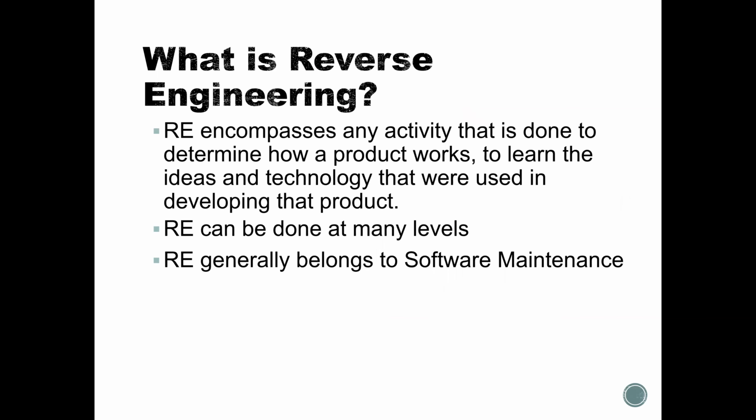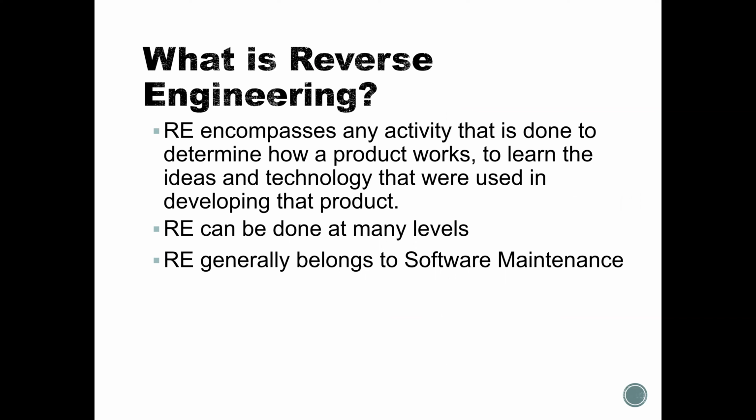So what exactly is reverse engineering? Like I said, it is a task which we perform to understand and modify the existing software system, and it includes various activities done to determine how a product works, and to learn ideas and technology that were used in developing that product.